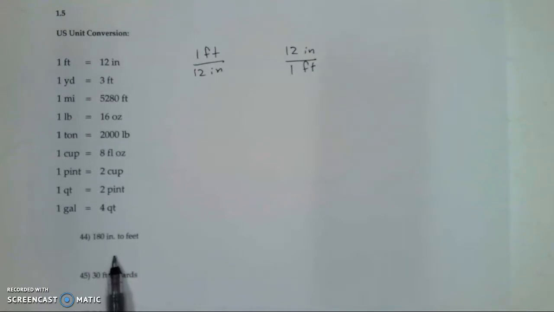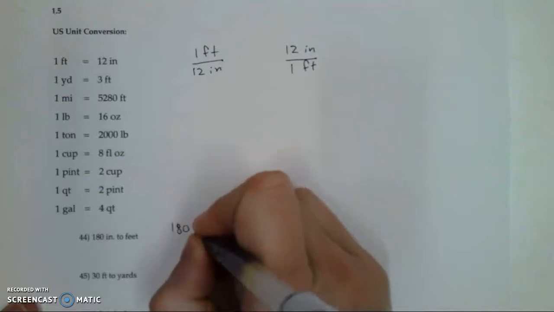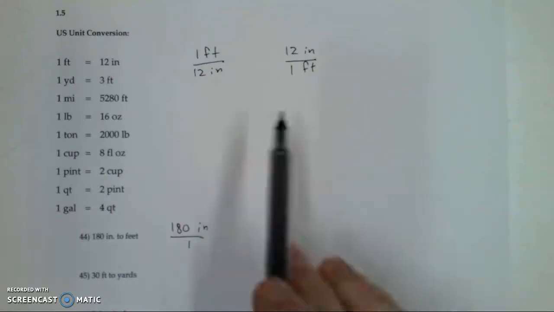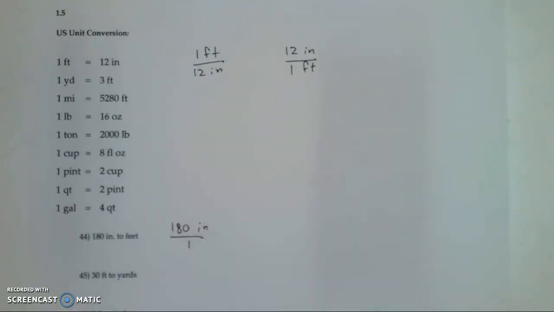So let's use that feet to inches. I'm given 180 inches. Whatever I'm given, I'm going to write that with the unit, and I'm going to put it over 1. Now I can use either one of these. What I have to figure out is which one I want. If you remember when we did multiplying and reducing fractions, we saw how to reduce.